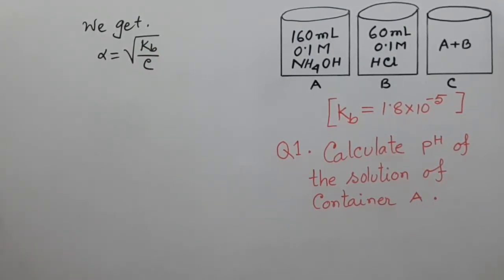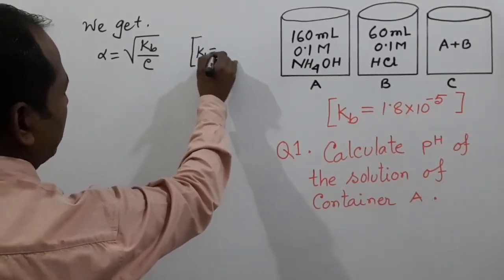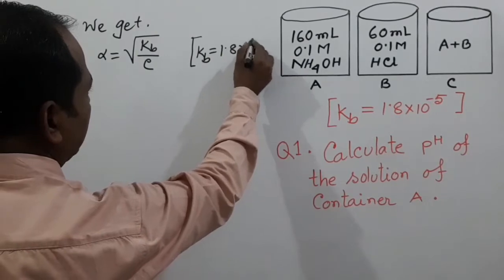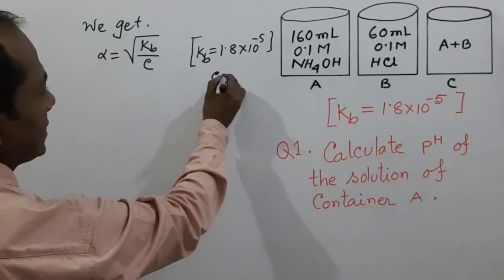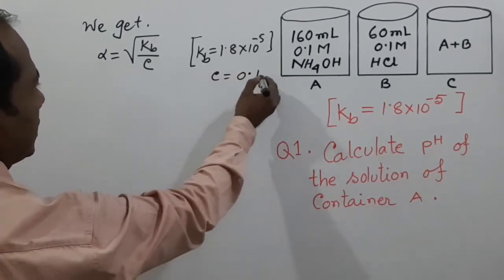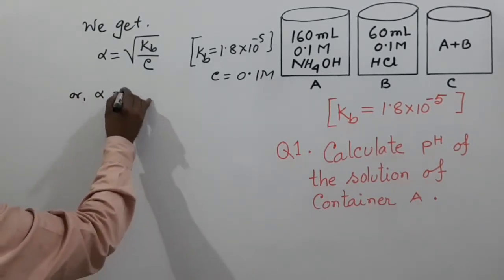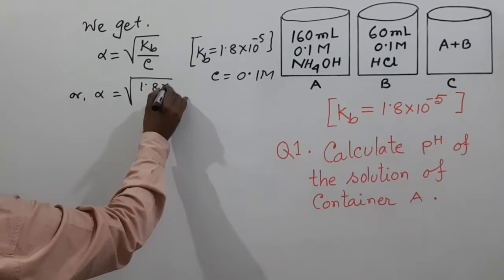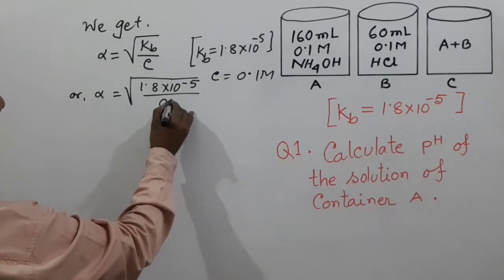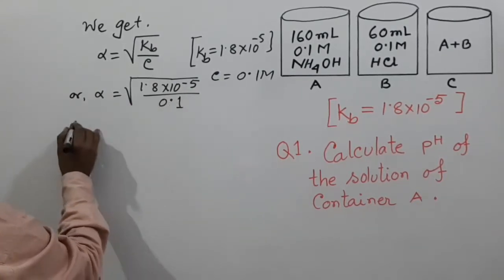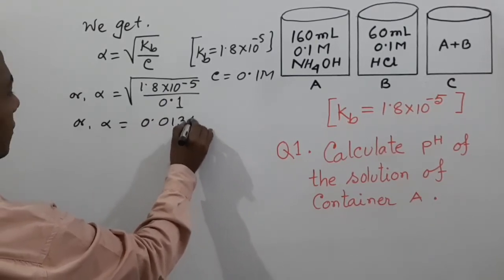Here the Kb value is 1.8 into 10 to the power minus 5, and the given concentration of the weak base, C, equals 0.1 molar. So alpha equals root over 1.8 into 10 to the power minus 5 divided by 0.1, and we get alpha equal to 0.0134.